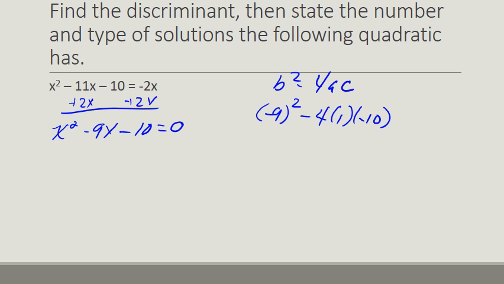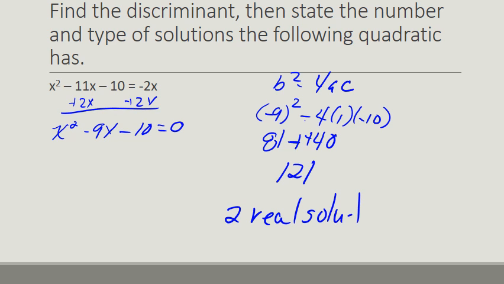Be careful, negative 9 squared is positive 81, and then minus negative 40 or plus 40 is 121. So that means that there are 2 real solutions and no complex.